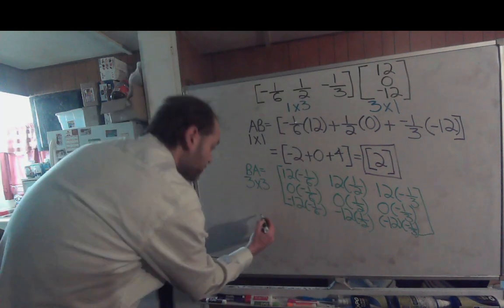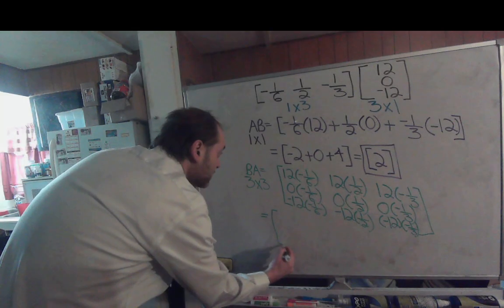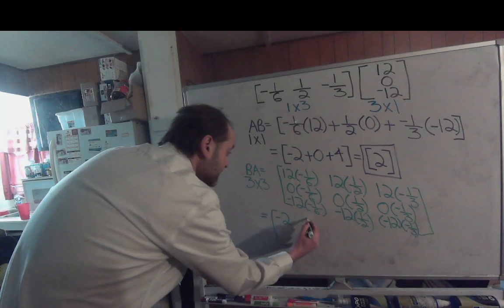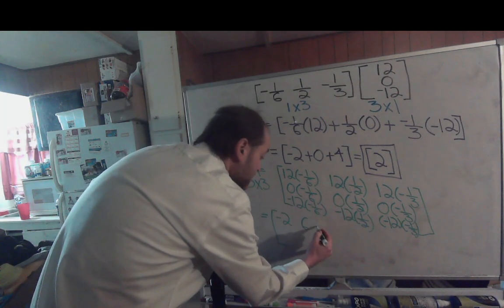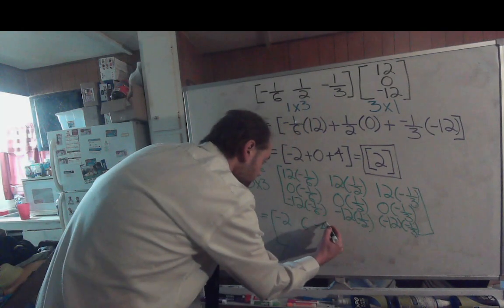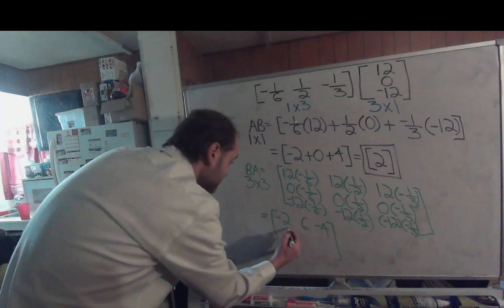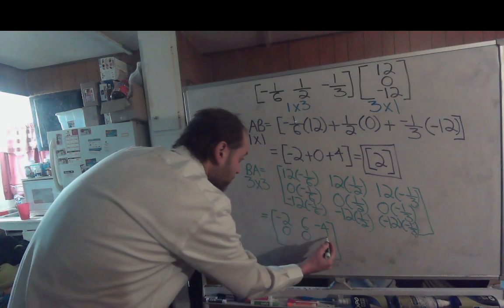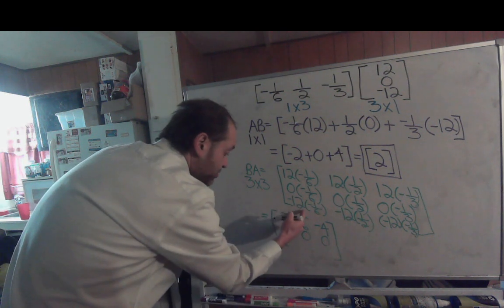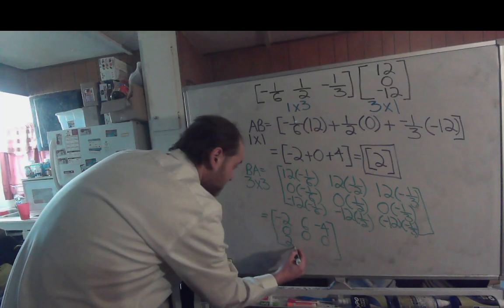And then you'll have negative 12 times negative 1/3. Which would end up producing a matrix of negative 2, 6, negative 4, 0, 0, 0. The whole middle row is zeros. And then negative 12 times negative 1/6 is positive 2.